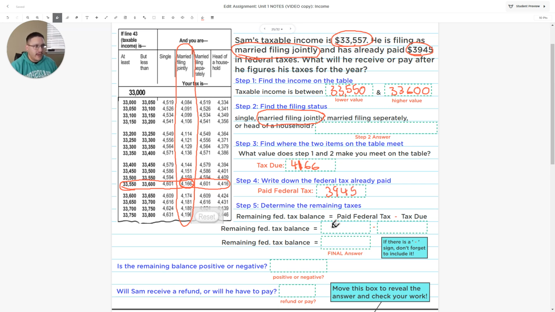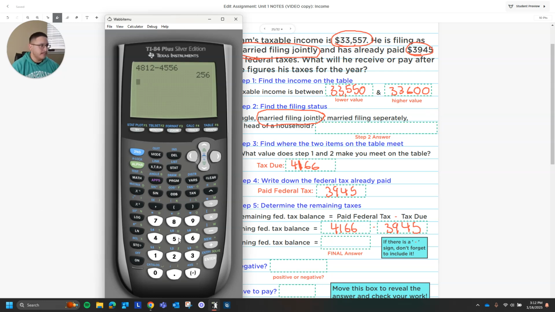And now we're going to subtract the two. 4,166 minus 3,945. Plug that into our calculator. Oh, no, I'm sorry. Other way around.